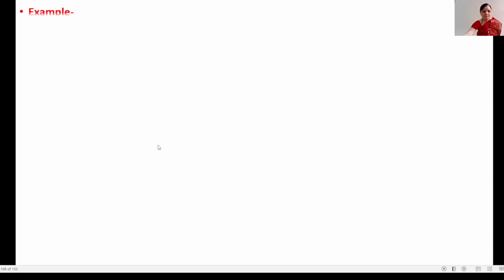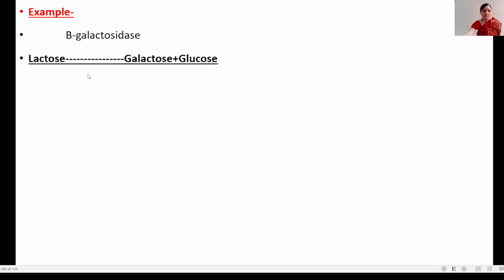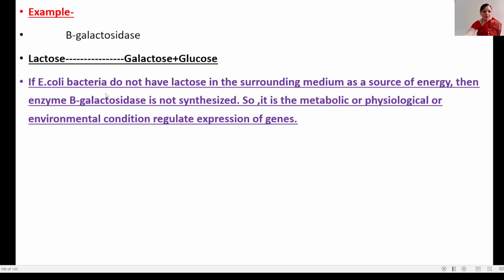For example, lactose gets converted into galactose and glucose in the presence of the beta-galactosidase enzyme. If E. coli bacteria do not have lactose in the surrounding medium as a source of energy, then the enzyme beta-galactosidase is not involved.